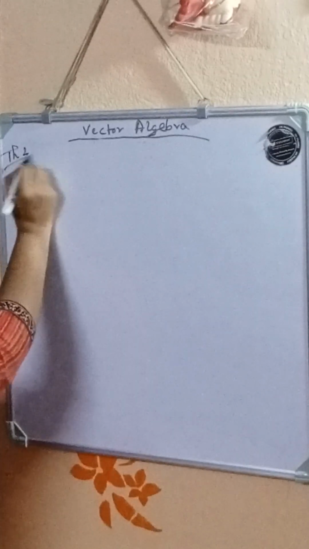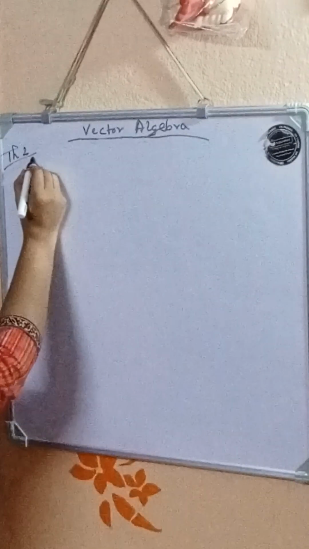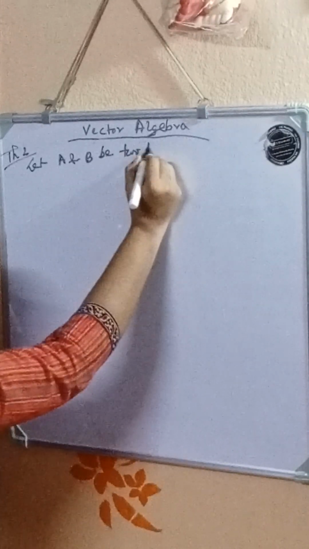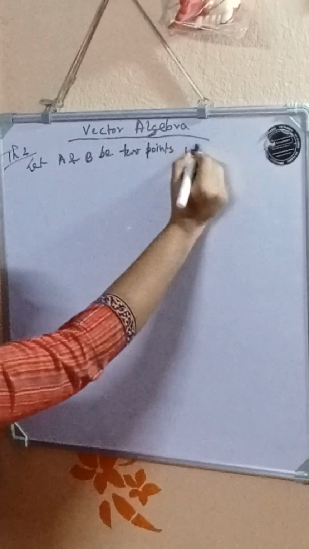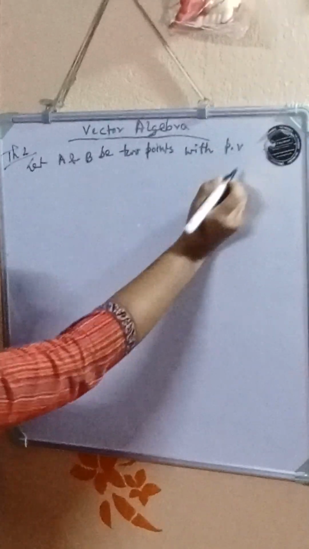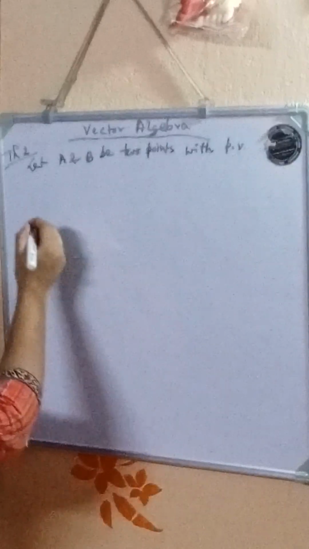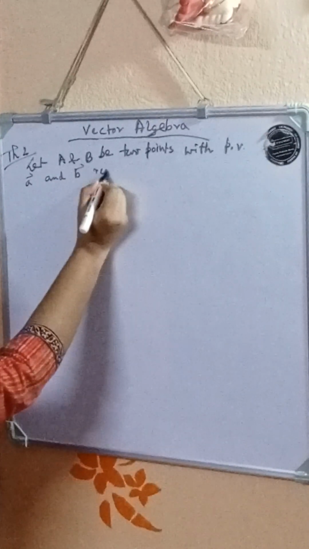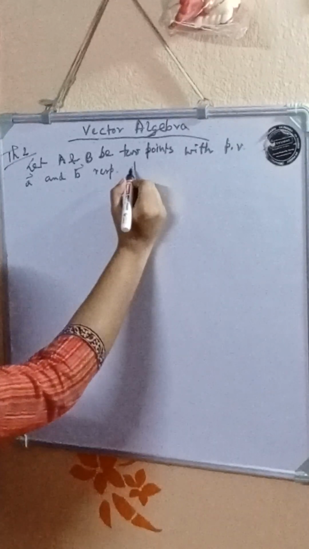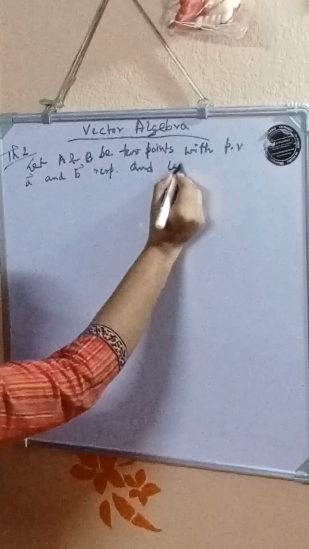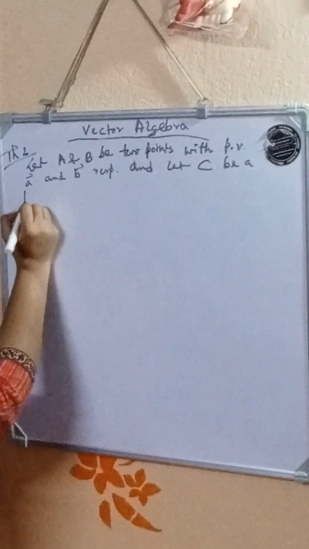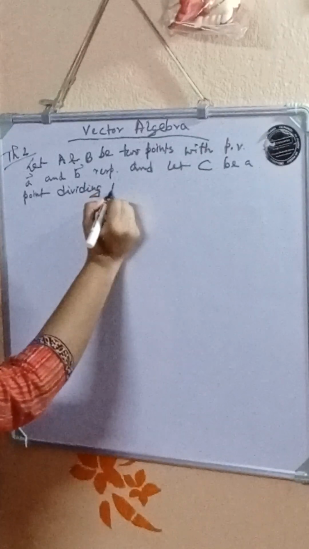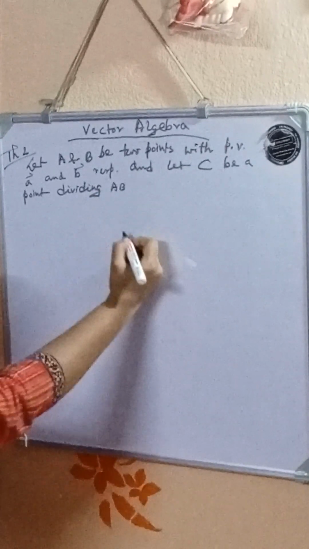Theorem 2. Let A and B be two points with position vectors A vector and B vector respectively, and let C be a point dividing AB externally in the ratio m is to n.